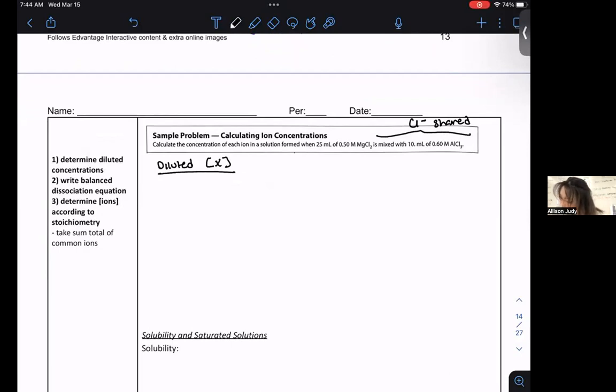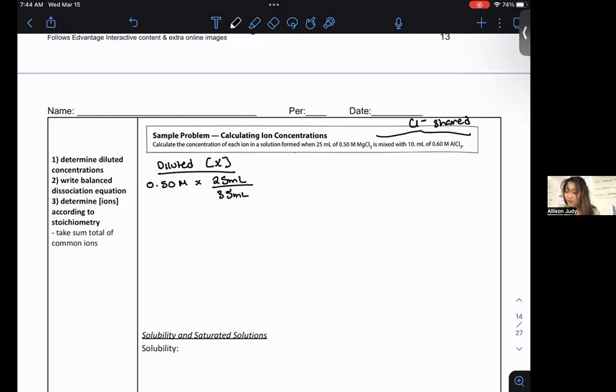So I'm going to say, well, the original concentration of MgCl2 was 0.50 molarity. All right, but what we have is that it was originally in a sample of 25 milliliters, but now we're in a sample of 25 plus 10, which is 35 milliliters.